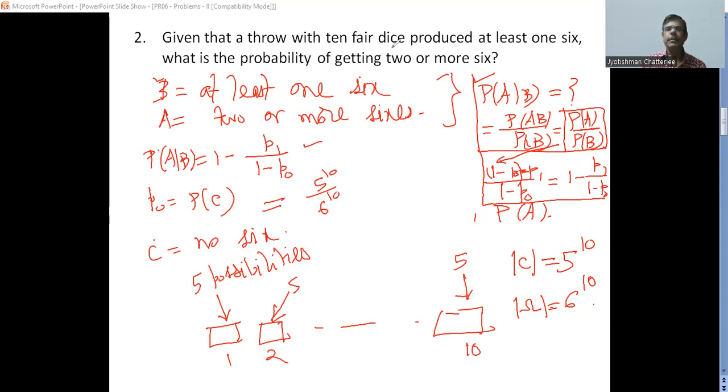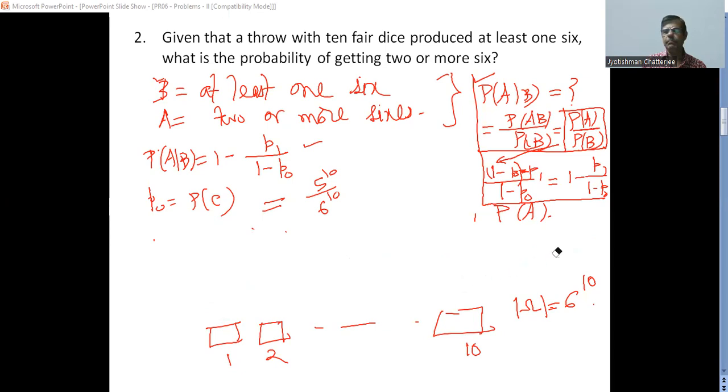Now let's come to the event D. Event D means exactly one 6. Now that 6 may appear in any of these 10 places. So let's first choose the position.